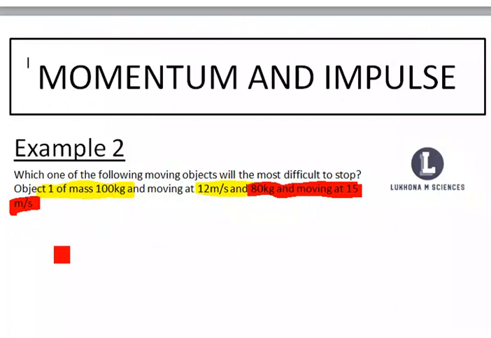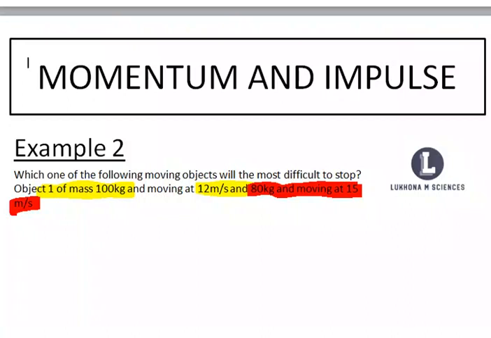So which one of the following objects will be the most difficult to stop? Remember I said the one with the greater momentum will not stop quickly, which means it's not easy to stop it.